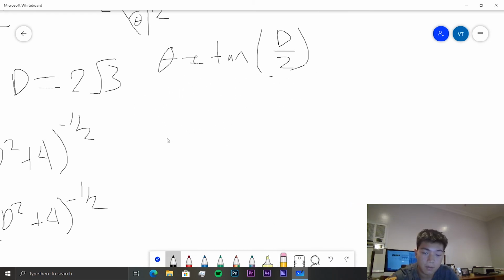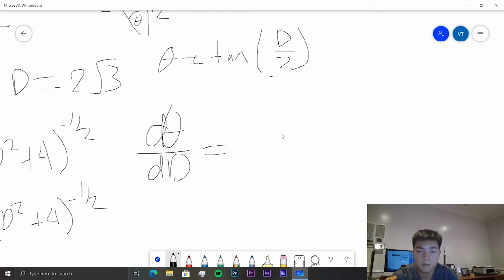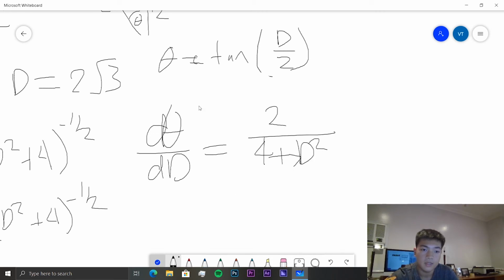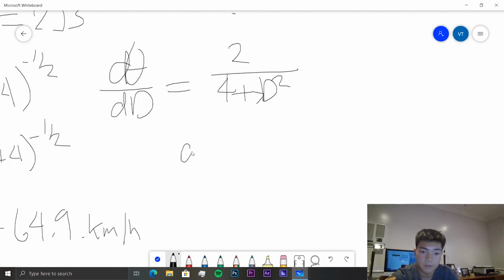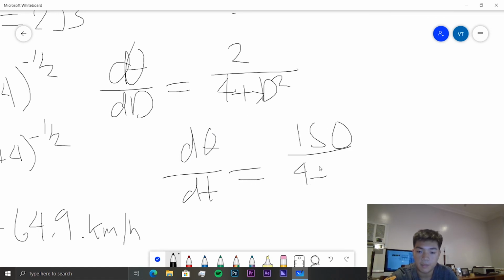So we have d theta over dd is equal to 2 over 4 plus d squared. And so we need to multiply this by 75 to get d theta over dt. So d theta over dt is equal to 150 over 4 plus d squared.